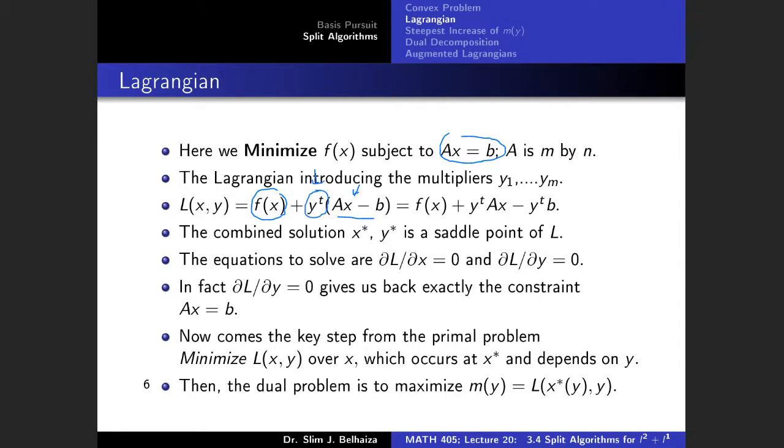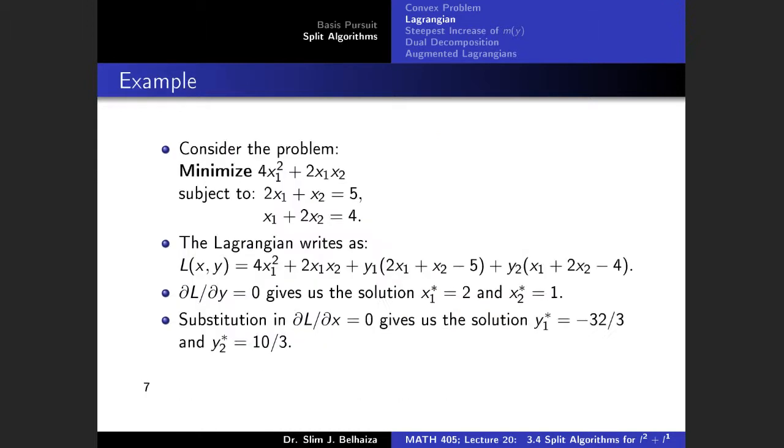We solved an example where we had to go back and forth between the partial derivatives of L with respect to y being zero, and plugging them into the partial derivatives of L with respect to the x variables, which should be equal to 0. And we already solved a problem for this.